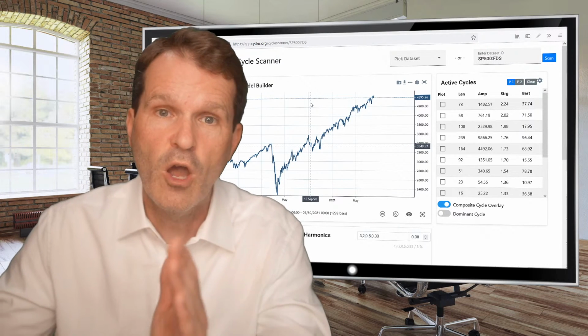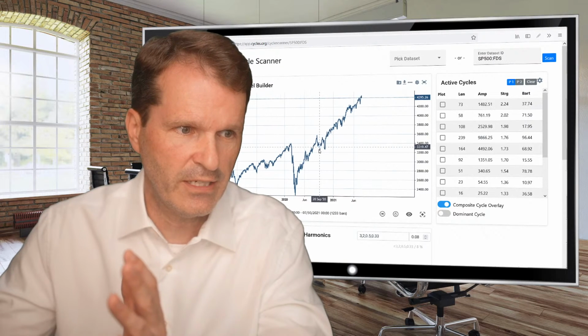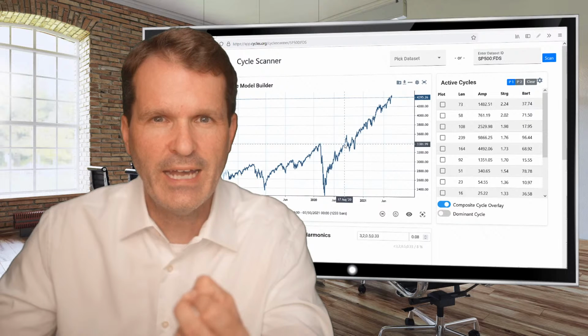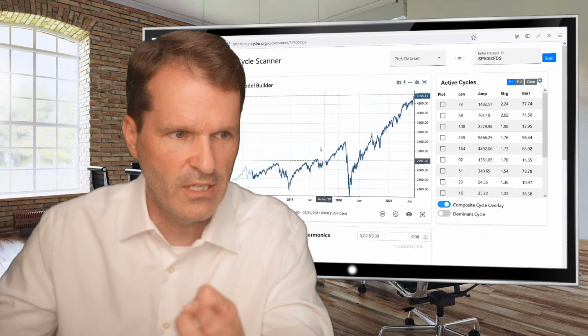So the phase means when is the next top or low of an important cycle to be expected here. That's always what you should have in mind, knowing about the data set you have put into the analyzer.